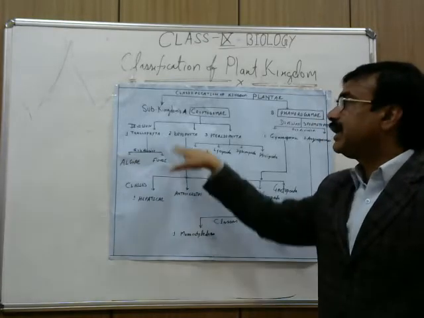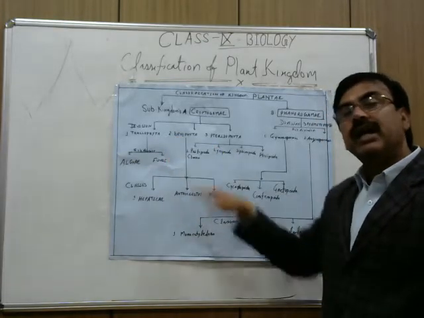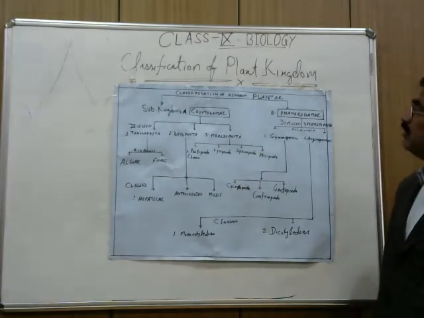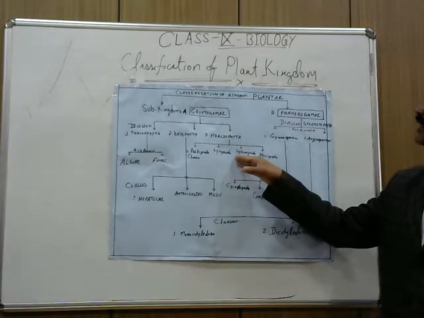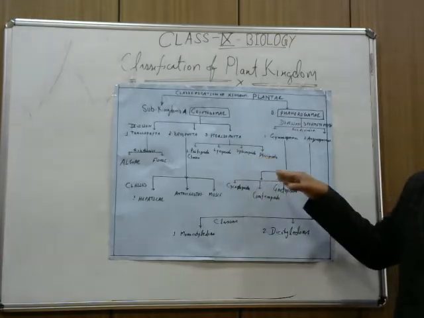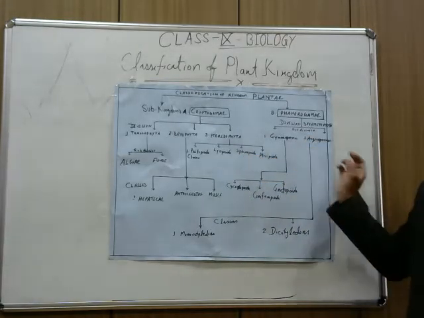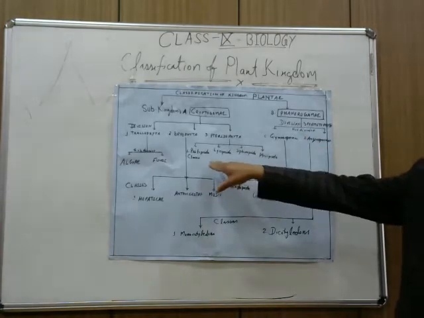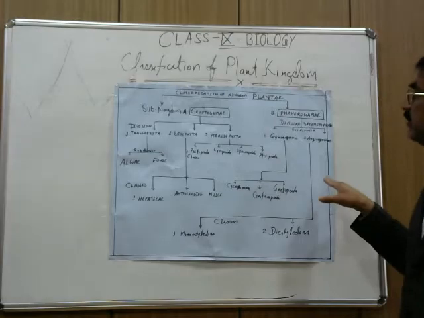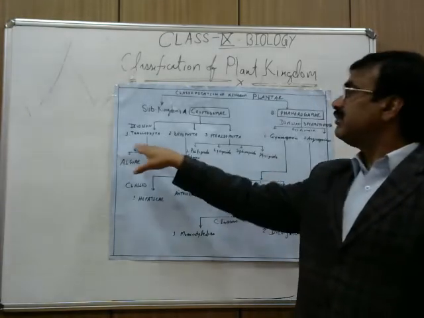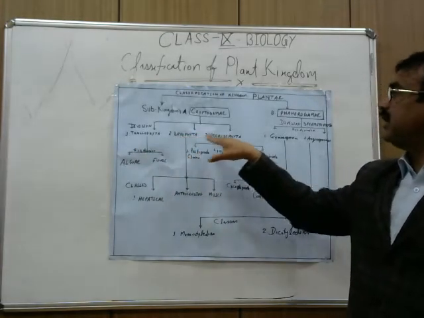There are three subcategories in the bryophytes, and when we move towards the Pteridophyta, there are Psilopsida, Lycopsida, Sphenopsida and Pteropsida. But you can remember some members of the Pteridophyta. Okay, so it was Thallophyta, Bryophyta, Pteridophyta.